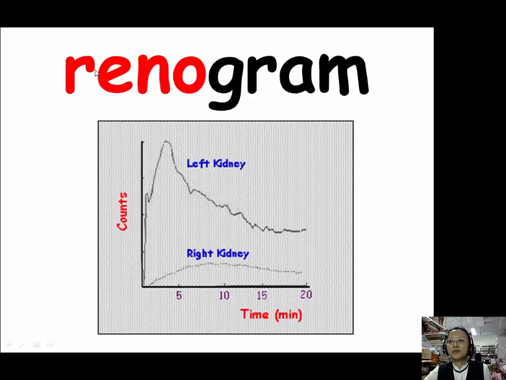And our example for reno is renogram. Just like in the picture, renogram is a graphic record of kidney function produced by externally monitoring the level of radioactivity in the bladder as a radiopharmaceutical agent enters it from the kidney by the ureter.